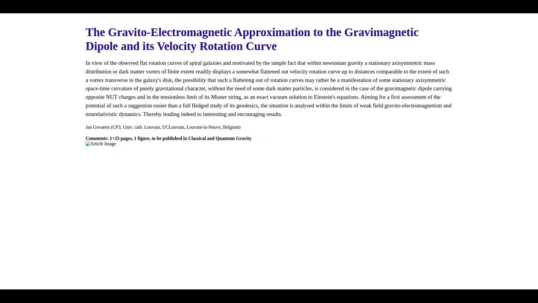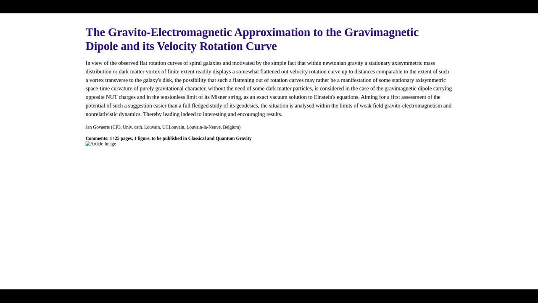The possibility that such a flattening out of rotation curves may rather be a manifestation of some stationary axisymmetric space-time curvature of purely gravitational character, without the need of some dark matter particles, is considered in the case of the gravimagnetic dipole carrying opposite NUT charges and in the tensionless limit of its Misner string as an exact vacuum solution to Einstein's equations.